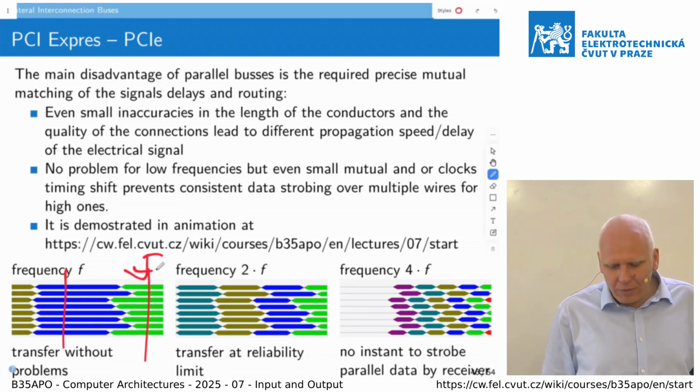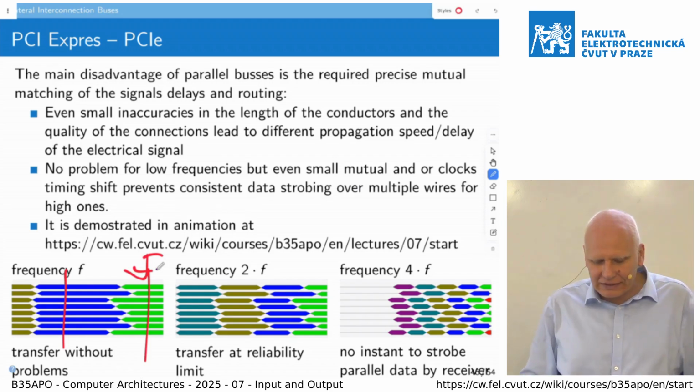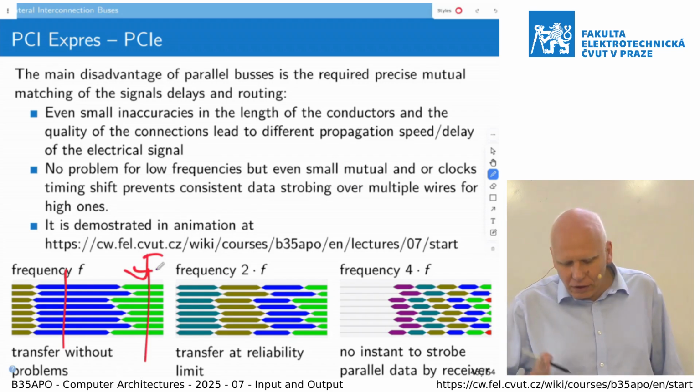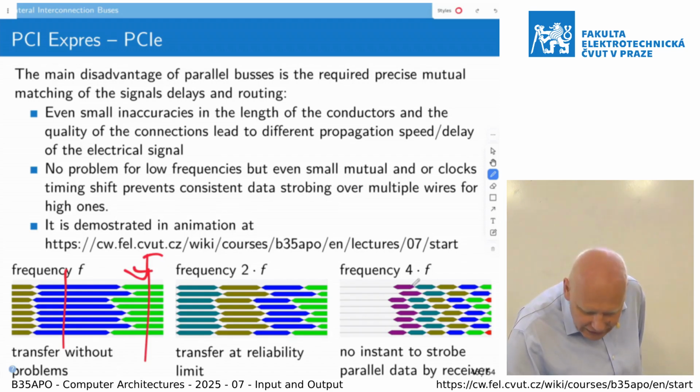But at the moment when you increase the frequency to deliver a lot of data, you get to a situation where there is no instant in time when you can sample the corresponding data, because some bits have gone faster and some have been slowed down.